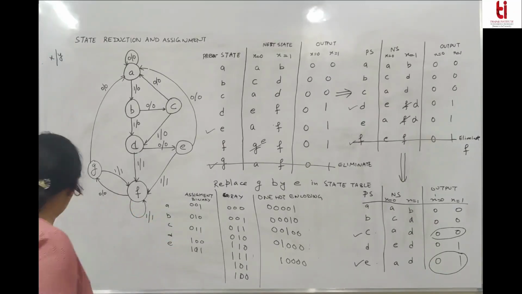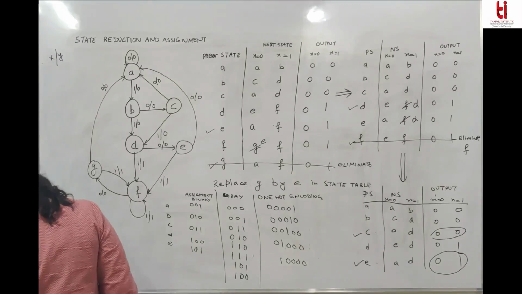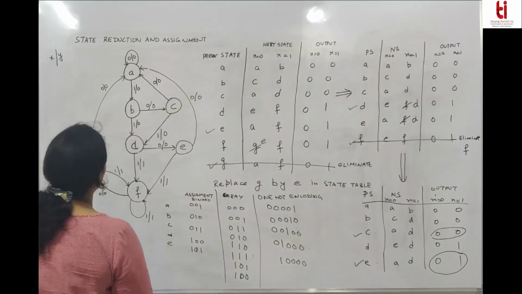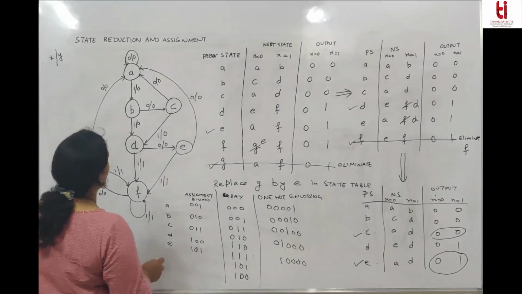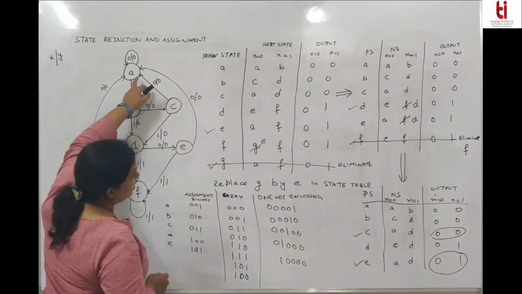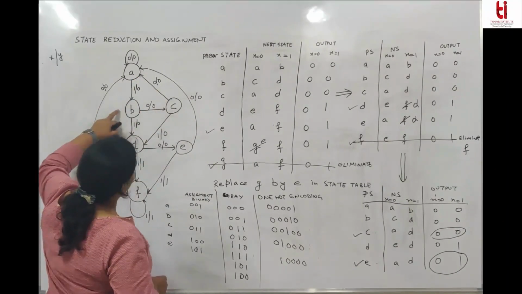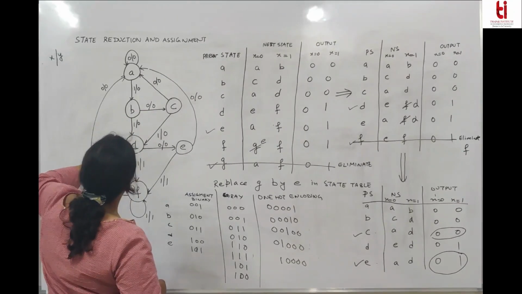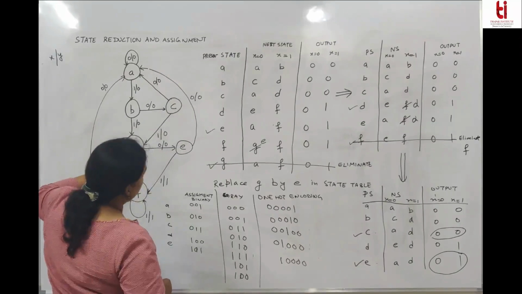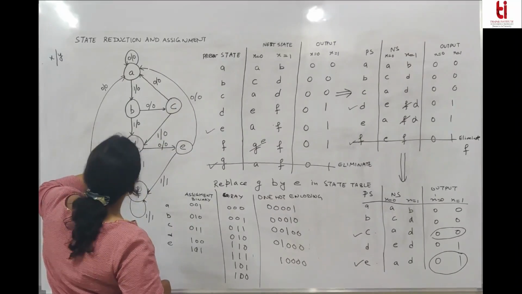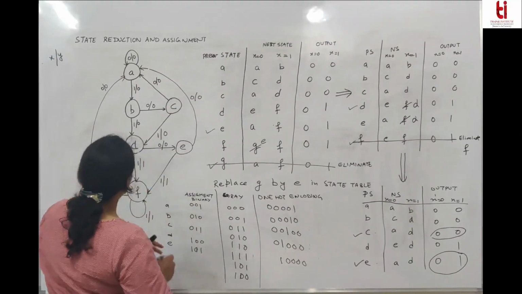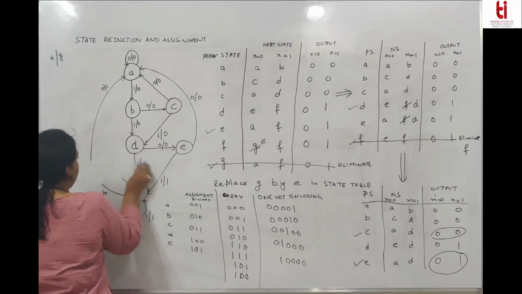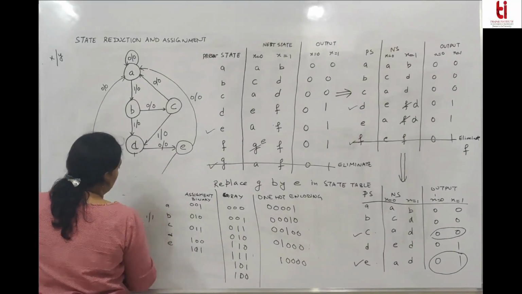So how can you write this? What will be the reduced one? From A it goes to A, and A to B, with outputs 0, 0. From B it goes to C and D. From C it goes to A and D, 0, 0. From D it goes to E and D. G and F are both removed.